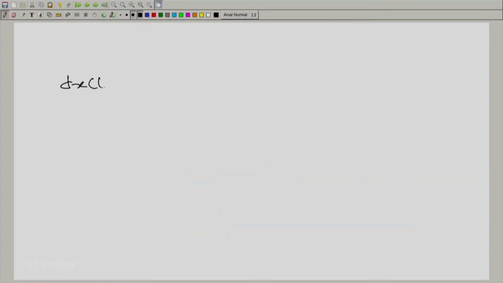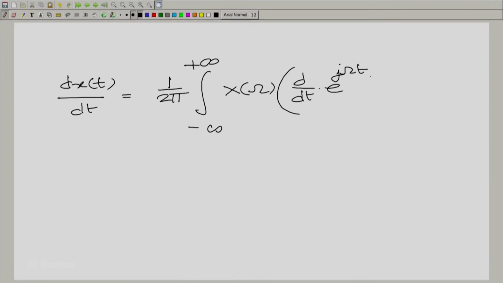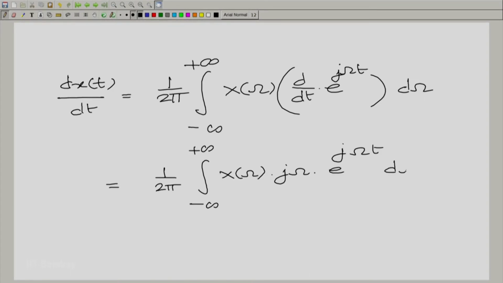We get dx(t)/dt is, well, you can bring the 1 by 2π outside anyway, and the integral keeps as it is, and the d/dt operator is going to operate only on the term which has time, and there we are. So, it reads dx(t)/dt is equal to 1 by 2π integral X(Ω) times jΩ e raised to the power jΩt dΩ.